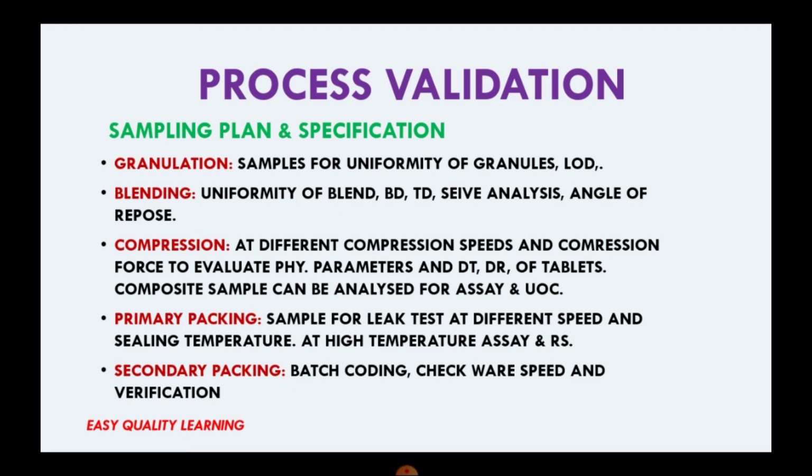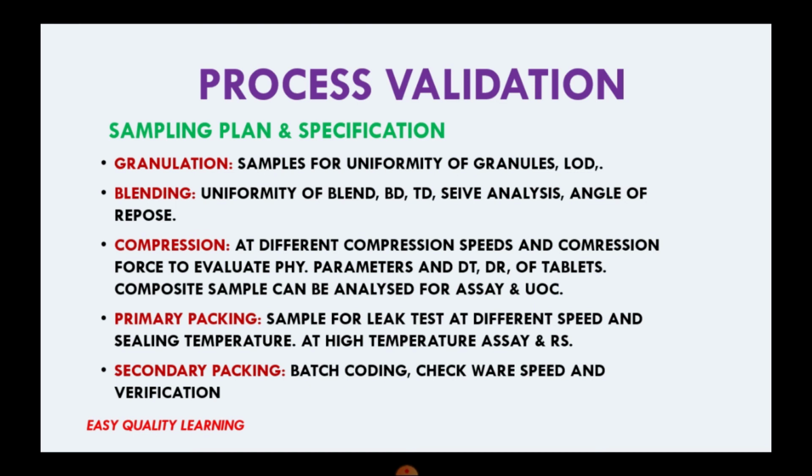Then primary packing: the sample for leak test at different speed and sealing temperature. Whatever sample is taken at high temperature shall be given for assay and RS test also. So it will give an idea of whether, at a higher sealing temperature, you have an impact on your related substances or not.